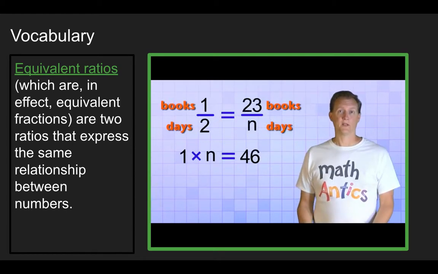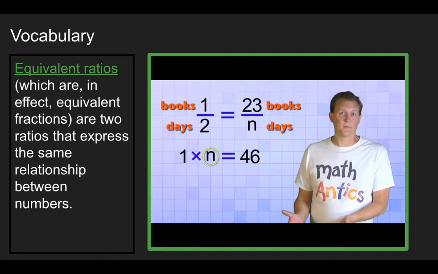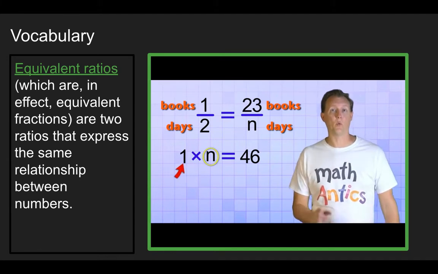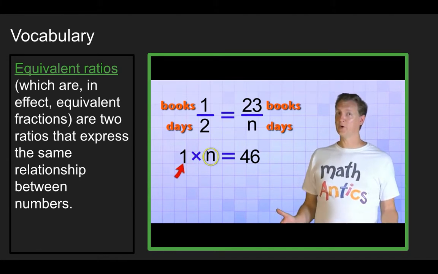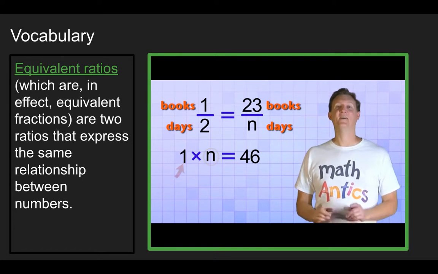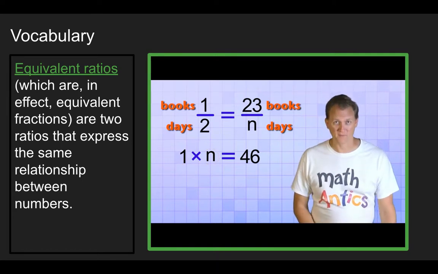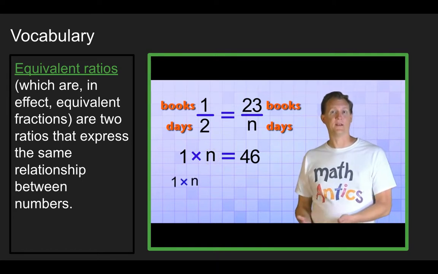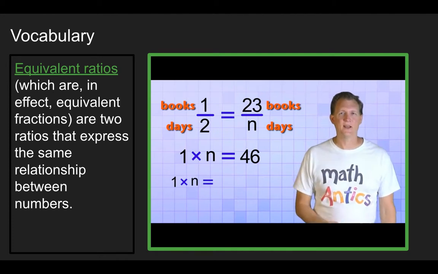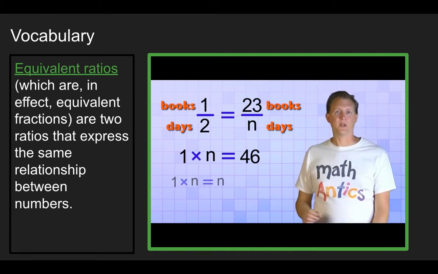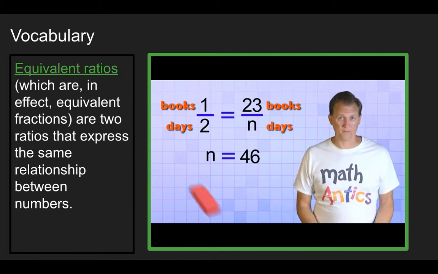In this problem, getting the n by itself is easy because it's just being multiplied by the number 1. And what happens to a number when we multiply it by 1? Yep, absolutely nothing. 1 times n is exactly the same thing as just plain n. So we can just ignore or get rid of the 1.